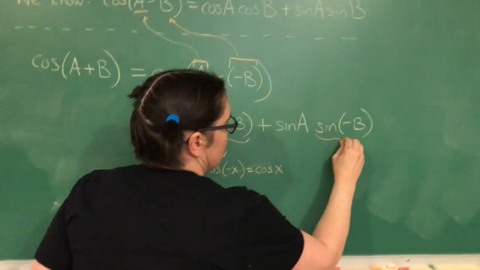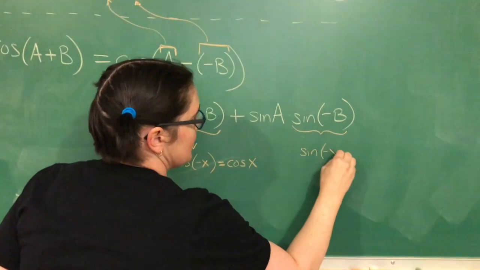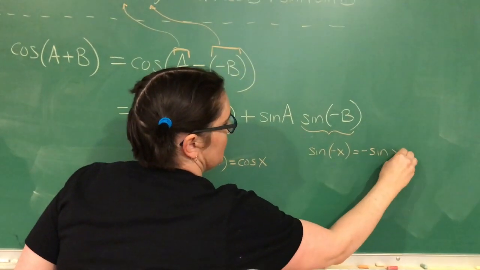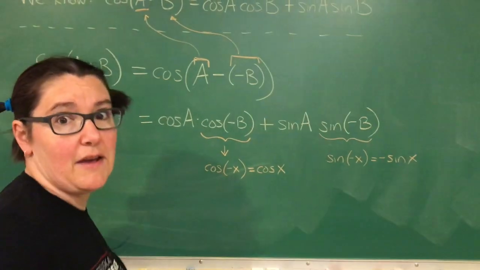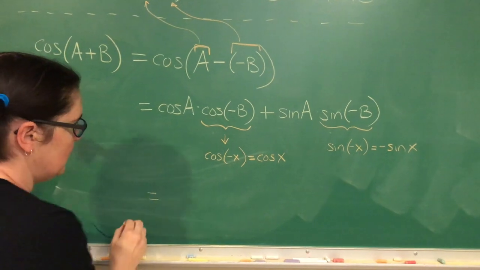And for the sine function, our odd identity is that sine of negative x is equal to negative the sine of x.